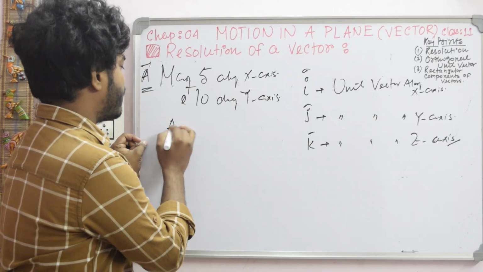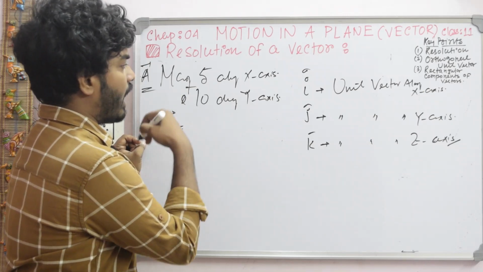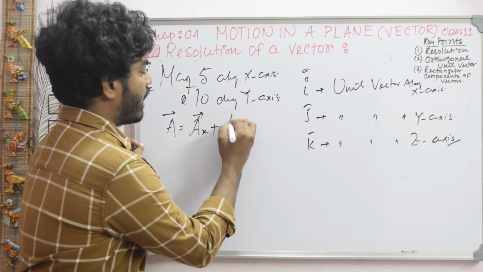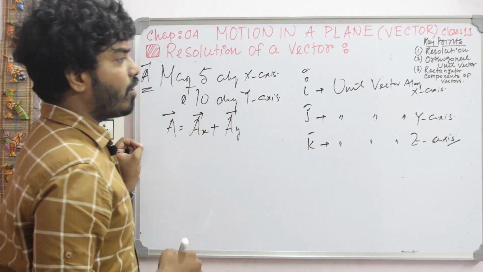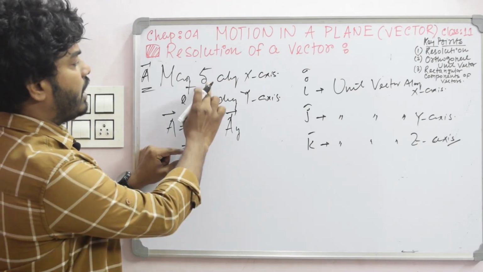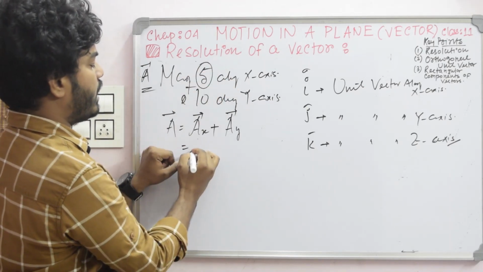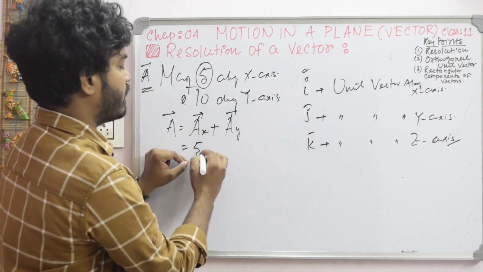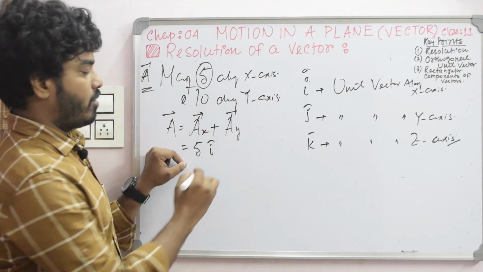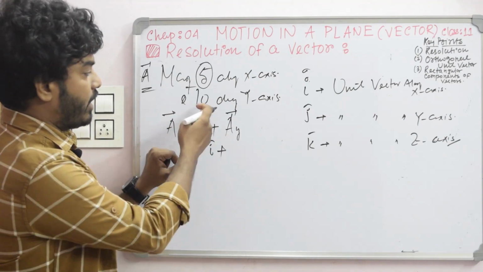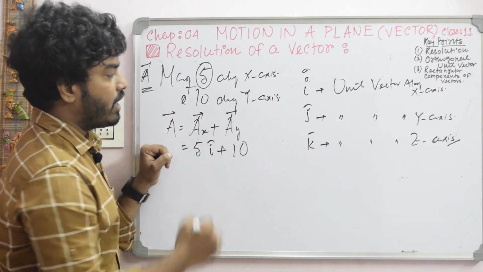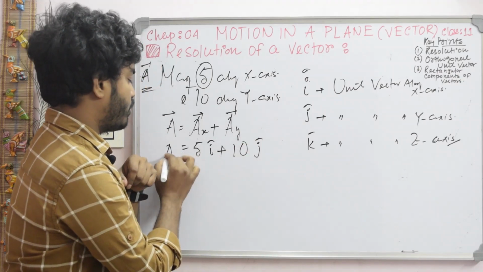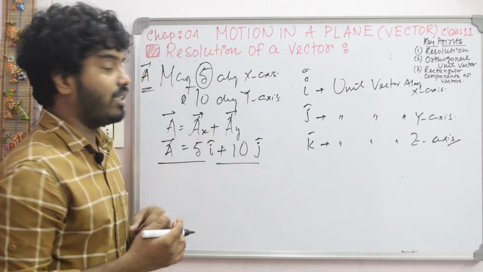So you write vector A equal to the x component plus the y component. Along the x-axis magnitude is 5, and the unit vector along the x-axis is i cap, so this is 5 i cap, plus along the y-axis magnitude 10, and the unit vector along the y-axis is j cap, so 10 j cap. So here vector A is represented in this way.